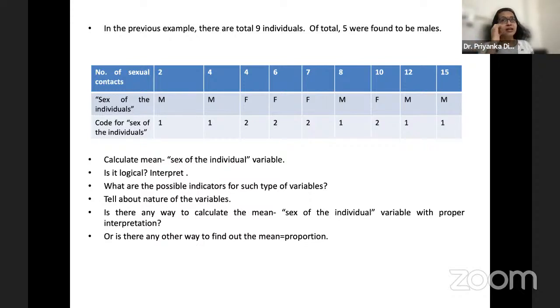You will get an answer, but it's your choice. You have to give a proper instruction. Then only you will get a meaningful indicator and be in a position to represent your data set. So this is clear: when we can calculate the mean and when it is not applicable.